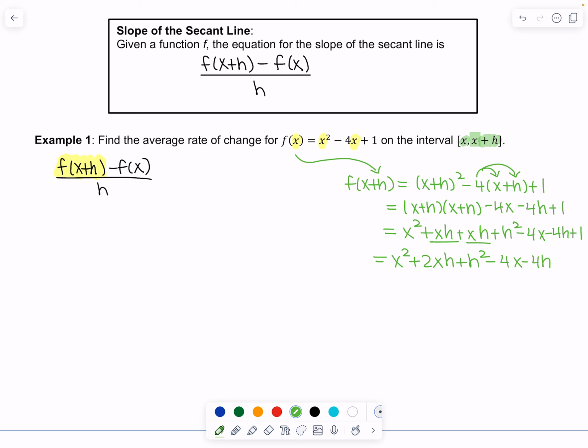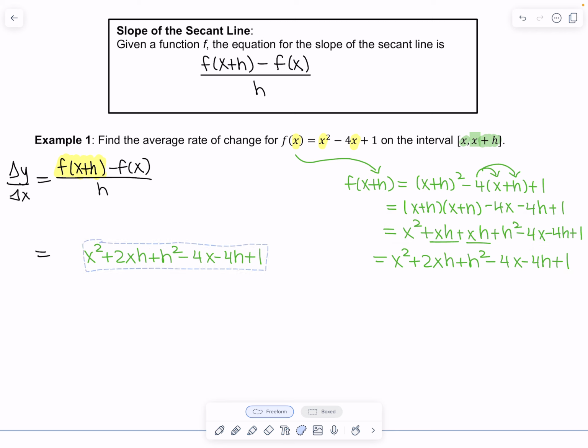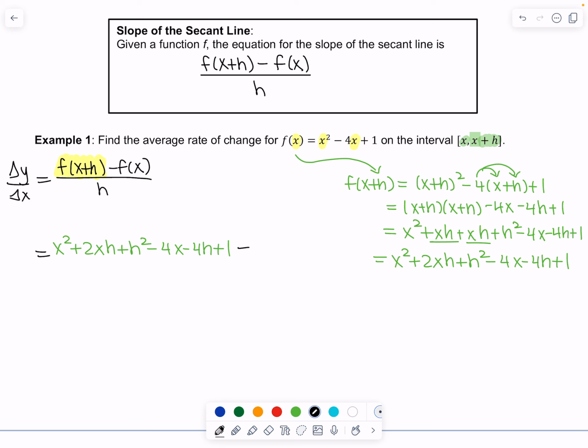Okay, so now I need to take that, and if I'm going to find the change in y over change in x, the slope of the secant line here, or the average rate of change, I'm going to copy this and put it over here. From that, we're subtracting f of x.